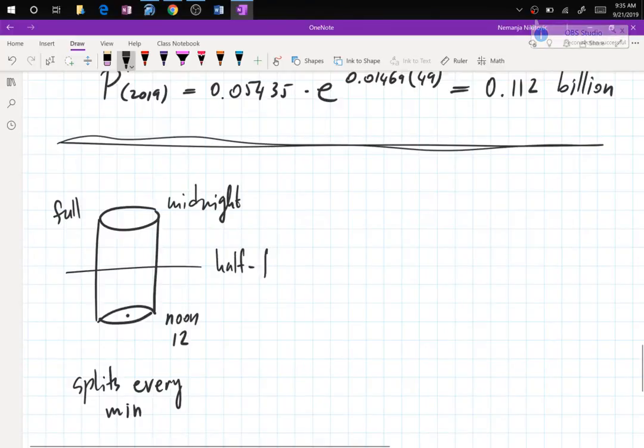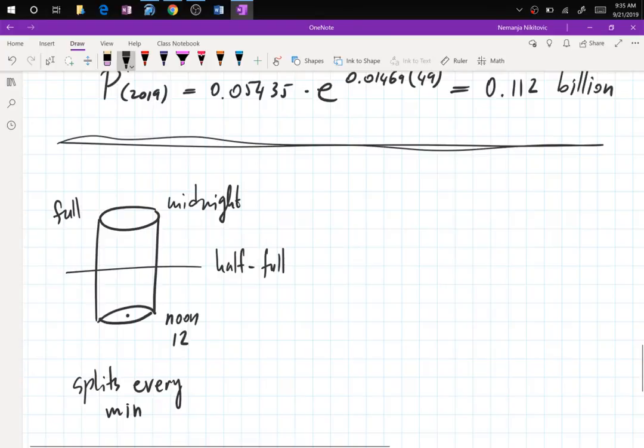Every minute it splits? Yeah, each bacterium will split every minute into 2 bacteria. How many bacteria does it take to be full? Don't worry, we don't care. So what was the answer? A minute before midnight? Excellent.